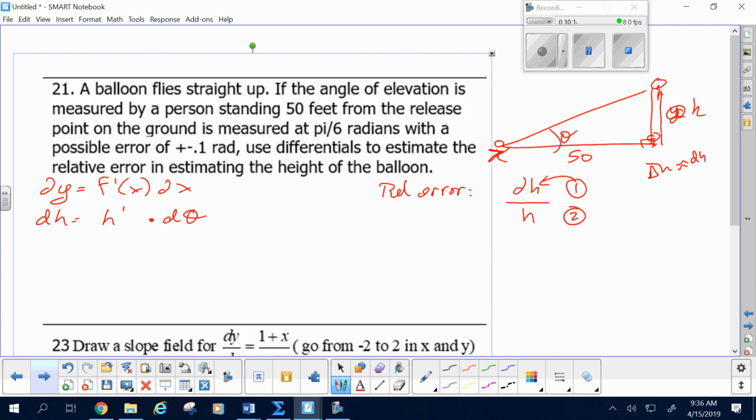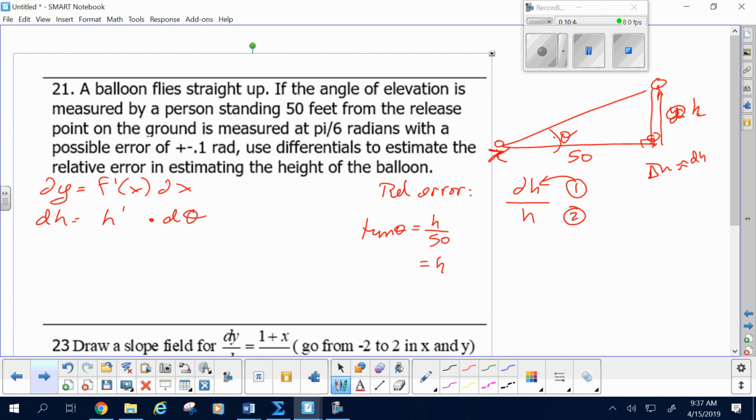All right. Now then, let's get an equation, shall we? How would you relate these two variables? Sine, cosine, tangent, Pythagorean theorem, similar triangles. I can imagine lots of different possibilities with the triangle. Tangent, beautiful. Tangent of theta is h over 50.